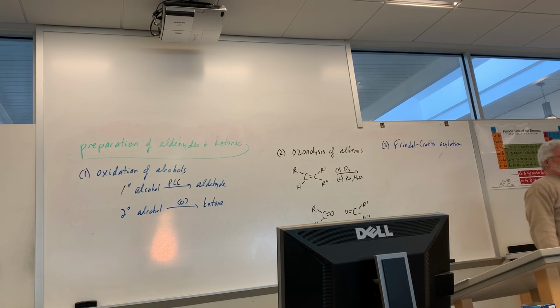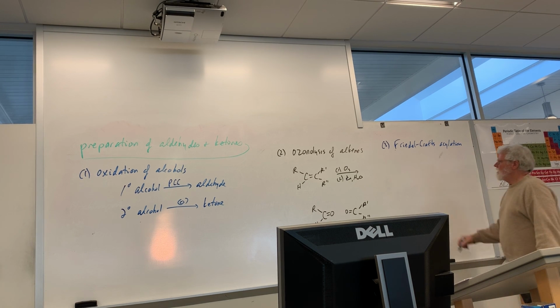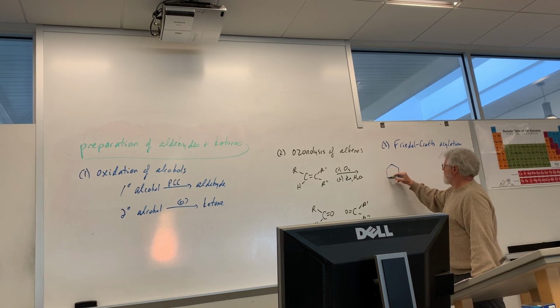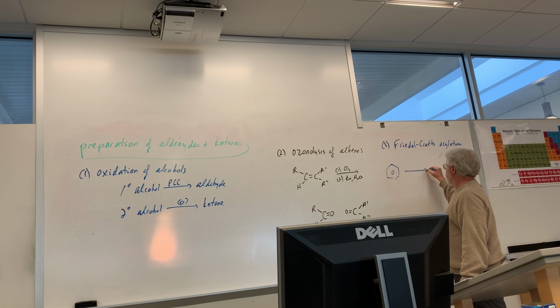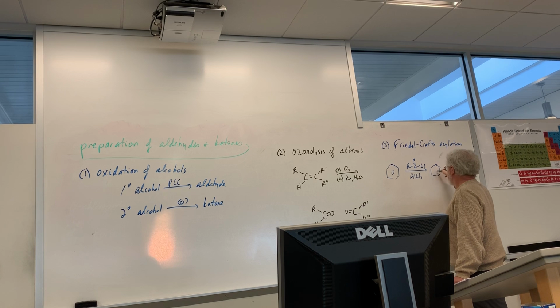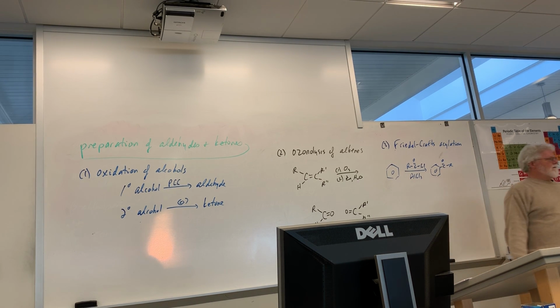Friedel-Crafts acylation results in an aromatic ketone. The aromatic compound is reacted with an acyl halide in the presence of a Lewis acid catalyst, and you get acylation of the aromatic ring, which results in a ketone.